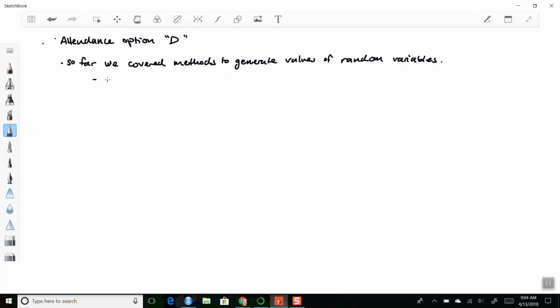We've got inverse CDF, we have rejection sampling, we have some transformations and convolutions, okay? But these have all been, so far, univariate, okay?